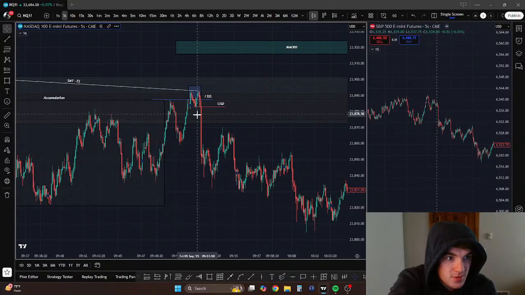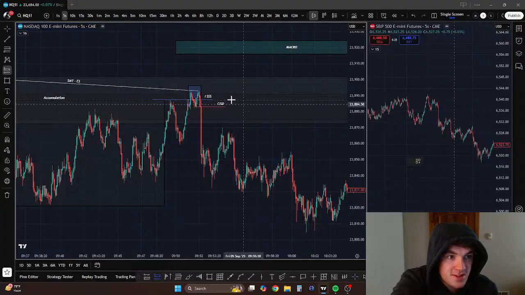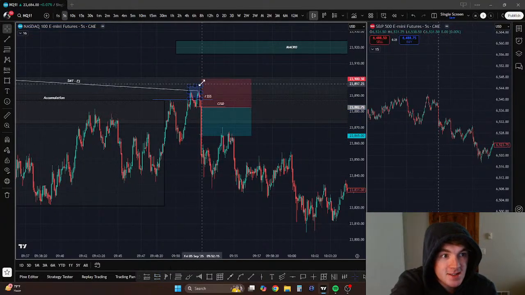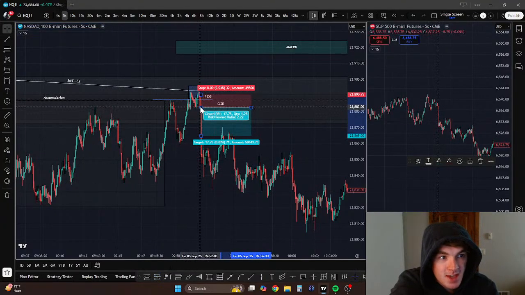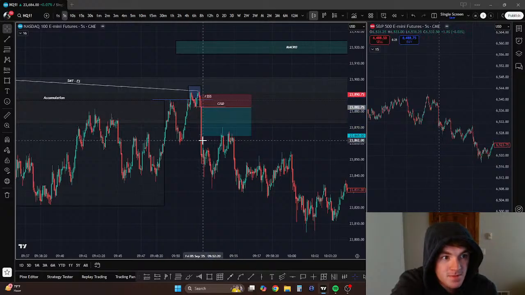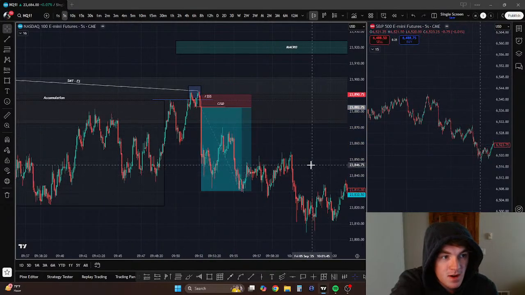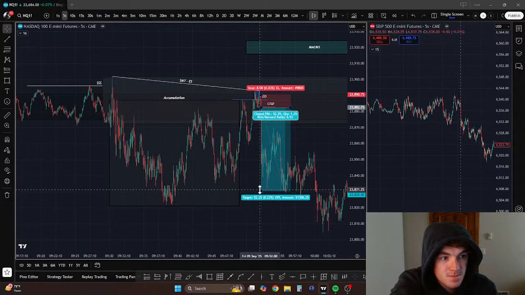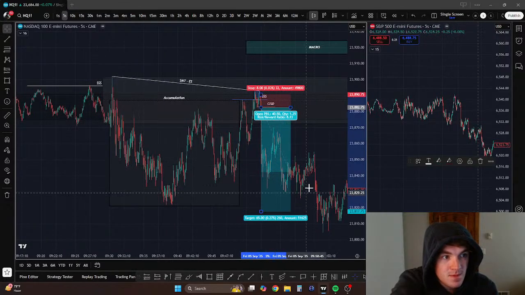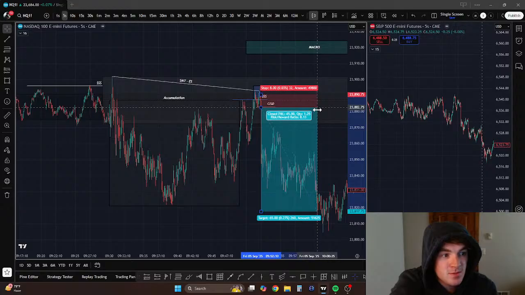But yeah, if you see us react off consequent encroachment, if I could just freeze time in this exact second, which I can't, but if I could, objectively this would be an amazing trade.